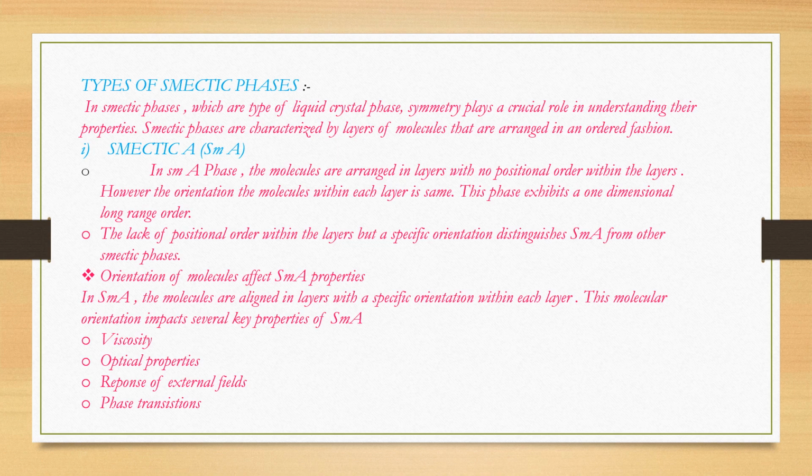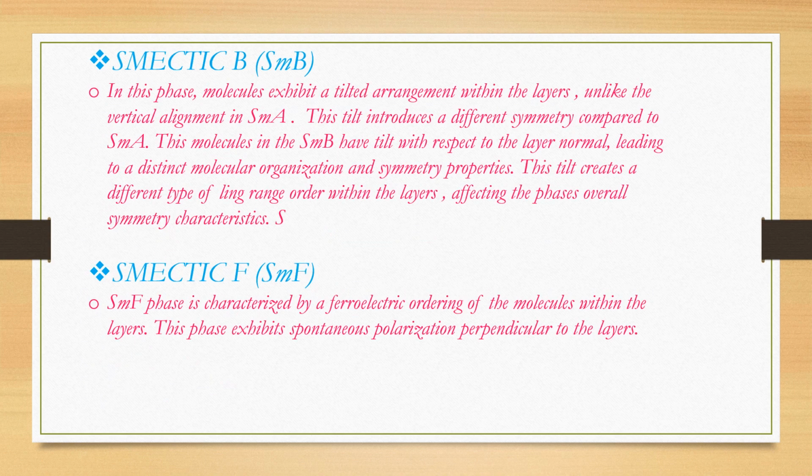And the last one is phase transition. The orientation of the molecules can also affect the phase transition. Changes in temperature or external conditions can lead to reorientation of the molecules, resulting in phase transitions to other liquid crystal phases. We have seen about smectic A.